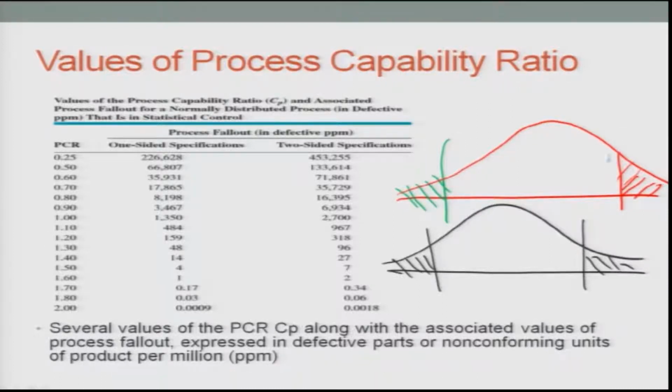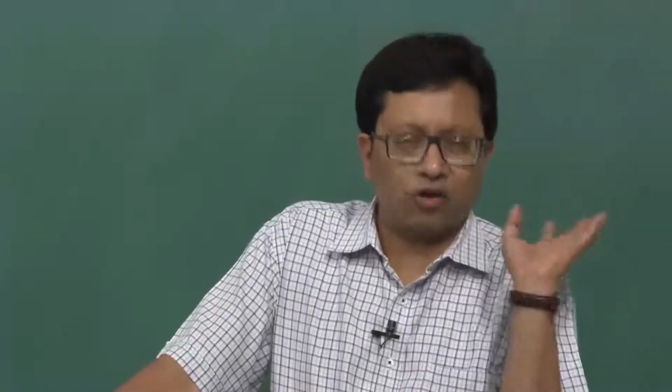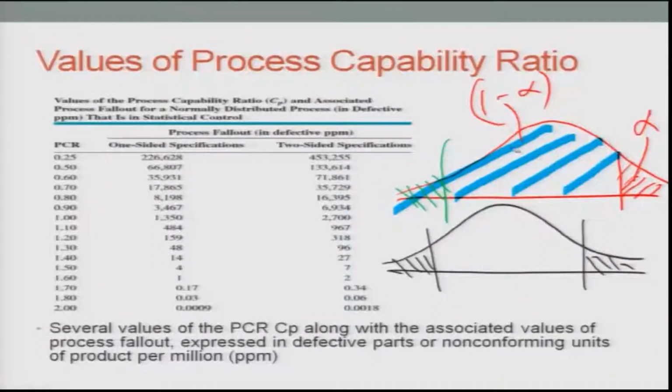If I have this, the area now would be on the right-hand side, which technically means that this is now alpha and this is 1 minus alpha. They are divided in proportions of alpha and 1 minus alpha, but they are divided onto the left part or to the right part, not in between. What I mean by not in between, I will come to that. Let me erase this blue part, because then it will be less confusing for us.